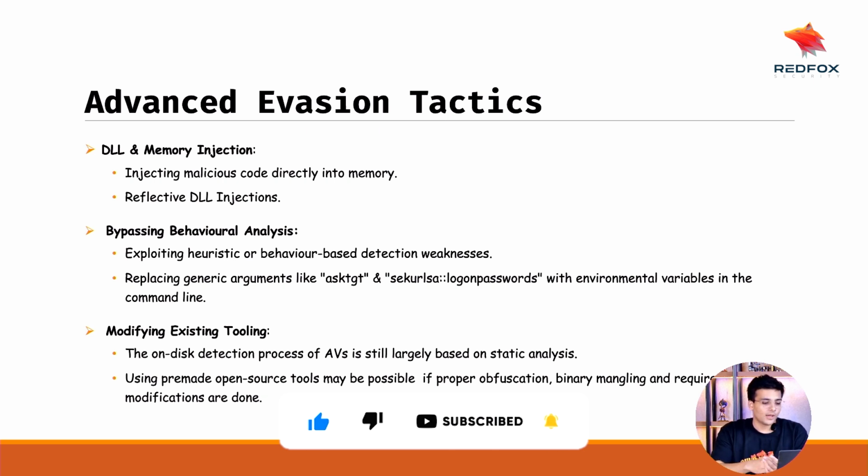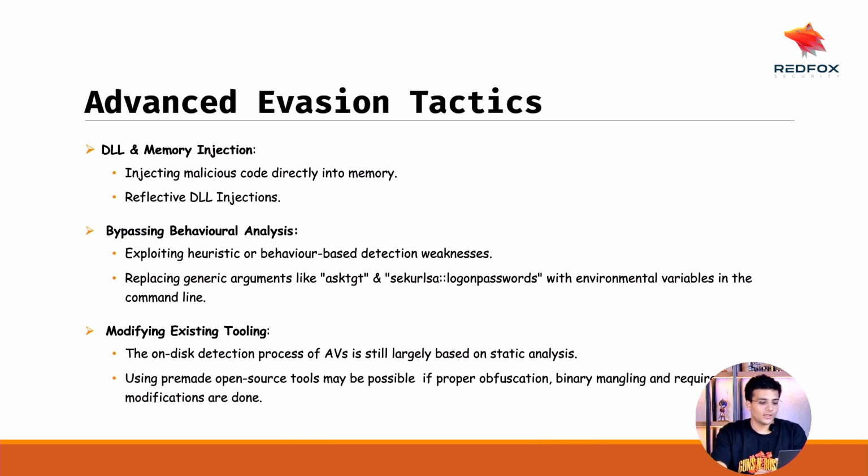Modifying existing tooling is one of the most thorough processes of evading detection, because we take, let's say, Rubeus, and we try to strip it of all of its signatures. No function name should be similar, nothing. Yeah.